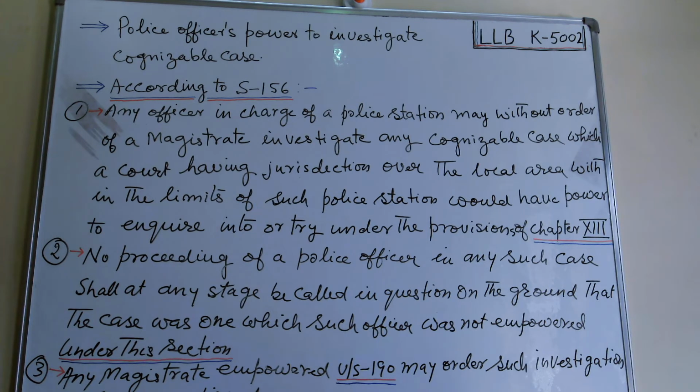According to section 156, any officer in charge of a police station may, without order of a magistrate, investigate any cognizable case which a court having jurisdiction over the local area within the limits of such police station would have power to inquire into or try under the provision of chapter 13.